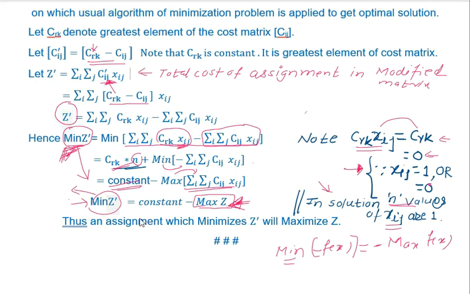But when we obtain the minimum value of z dash, we get the maximum value of z, where z is the original objective function. This is the objective function for the original matrix, and this is the objective function for the revised matrix. So we apply the Hungarian method on the revised or modified matrix, and you will get the maximum value of the original objective function.